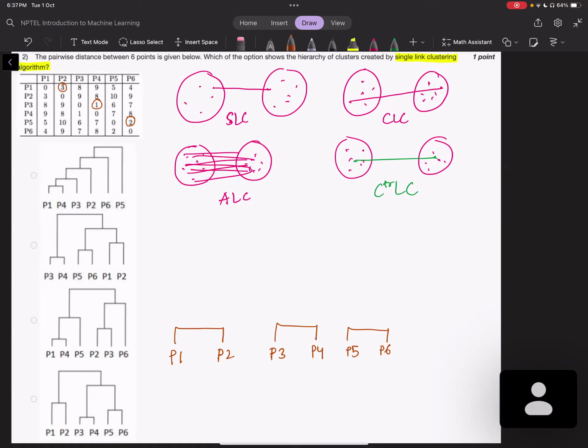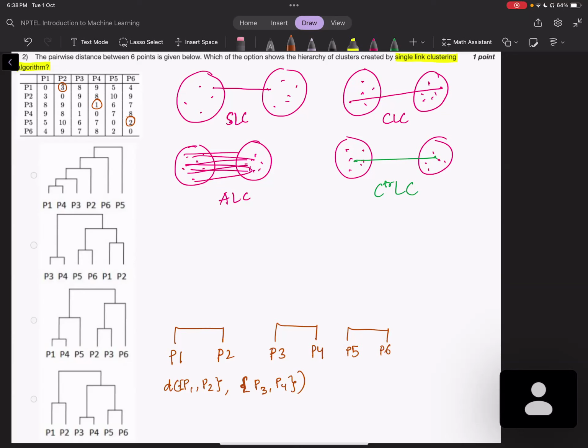Now you have to find the distance between the P1, P2 cluster and the P3, P4 cluster. This is the distance we need to find between P1, P2 and P3, P4.